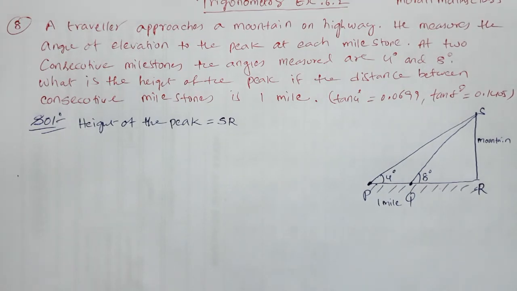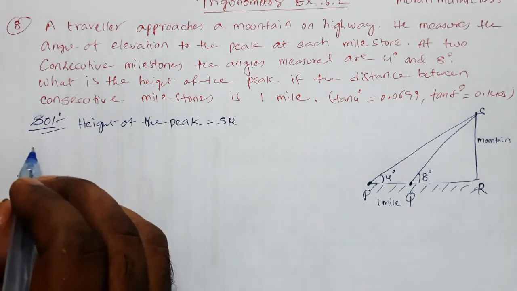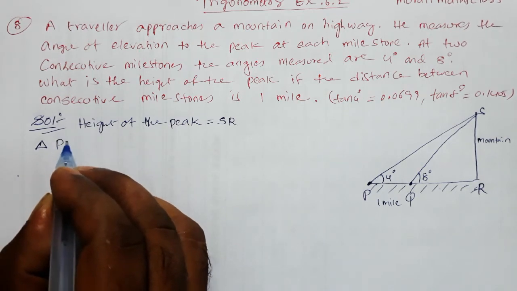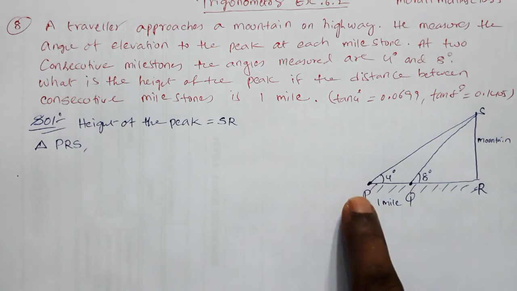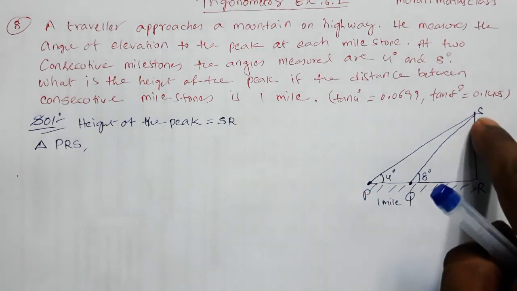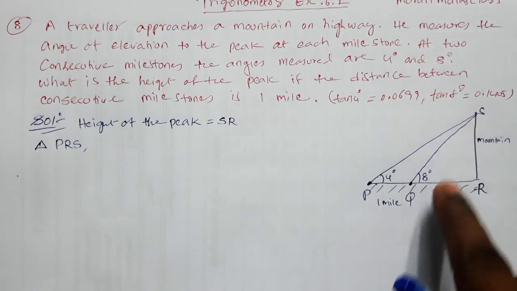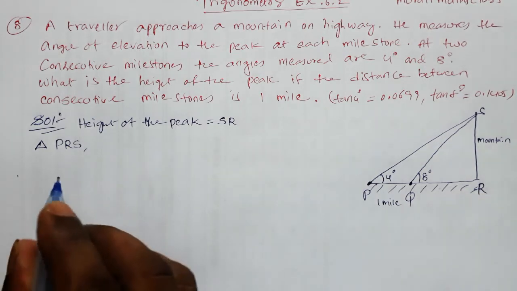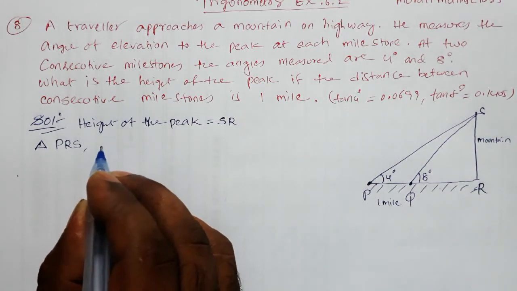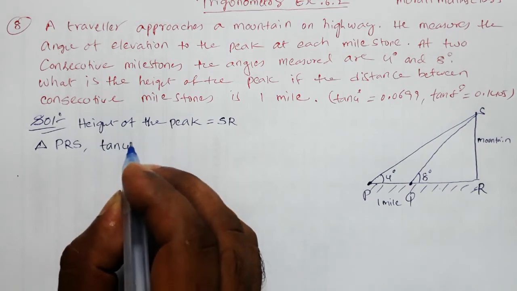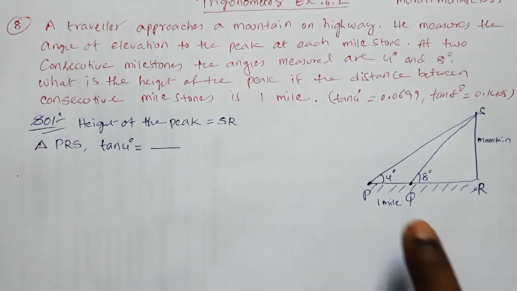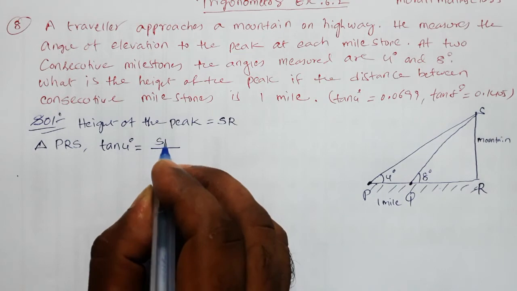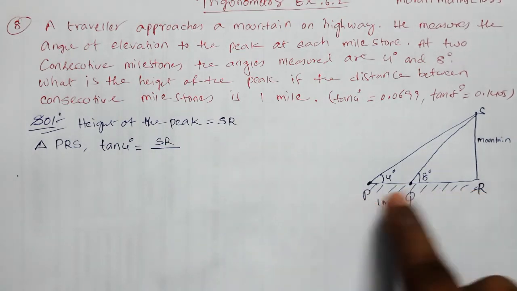Now take triangle PRS. In this triangle, SR is the opposite side and PR is the adjacent side, so apply the tan ratio. Tan 4 degrees equals opposite SR over adjacent PR.